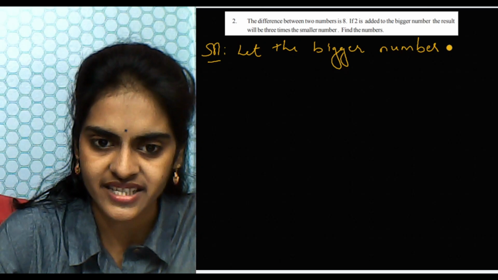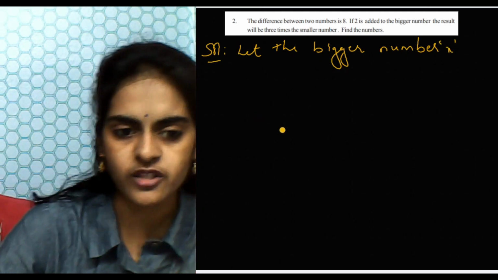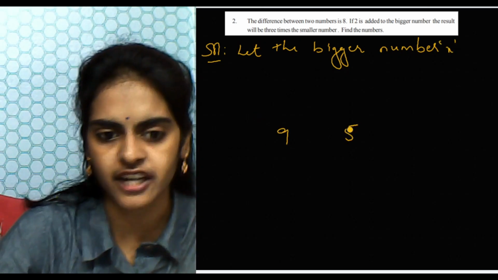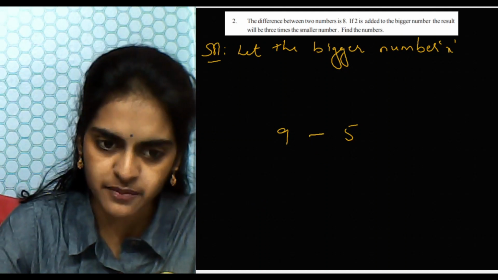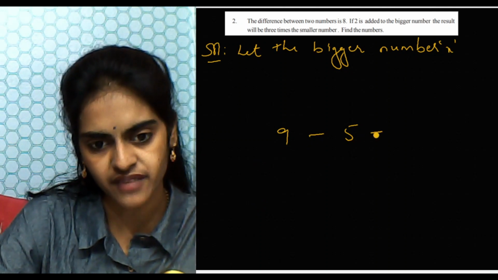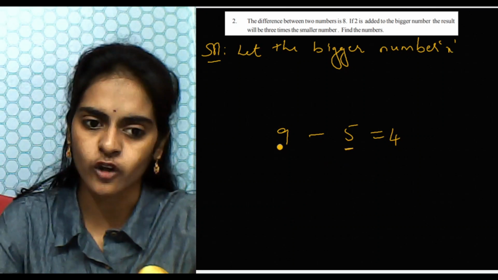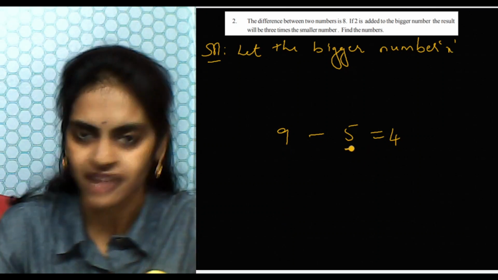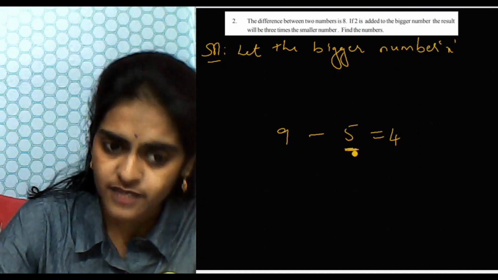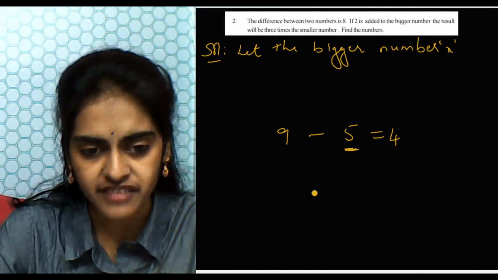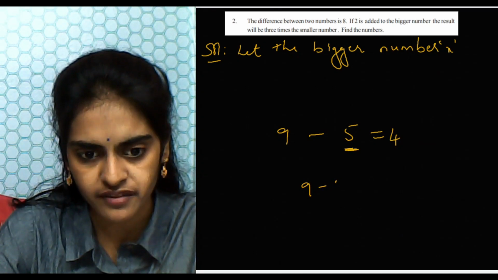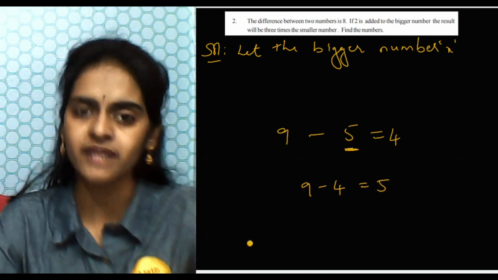Now I'll just explain to you. Suppose there are two numbers, 9 and 5. The difference between these two numbers, that means 9 minus 5, will give me 4. Out of 9 and 5, 9 is bigger, 5 is smaller. If I want the smaller number, and I subtract this 4 from 9, will I get the smaller number?